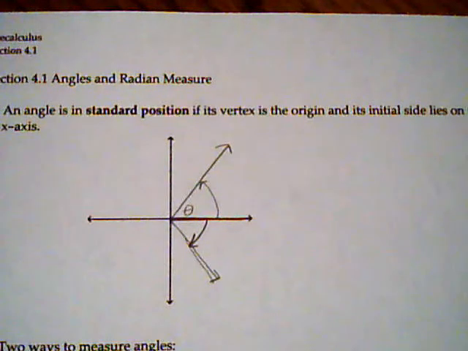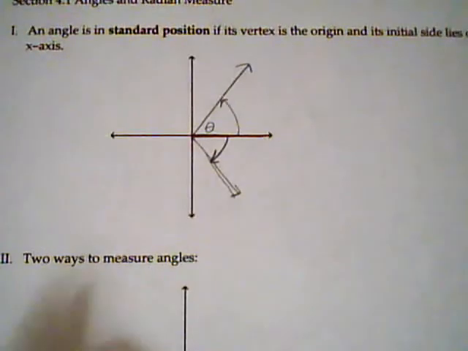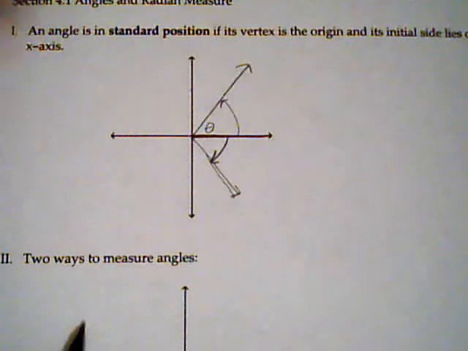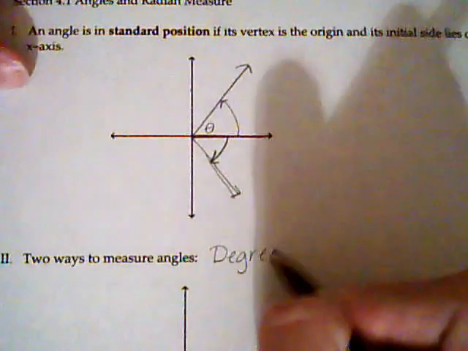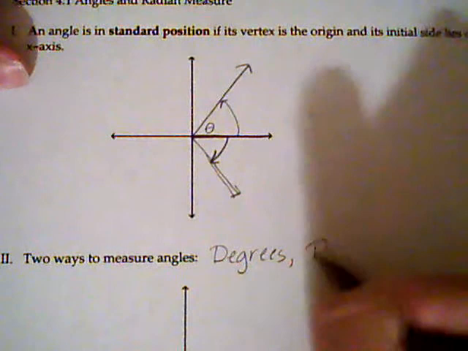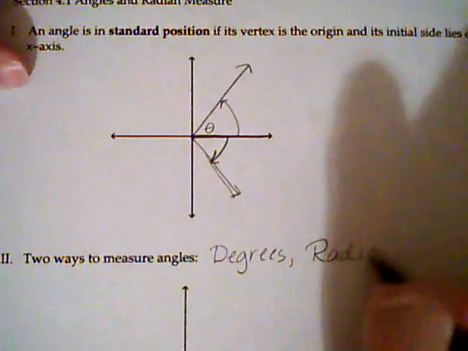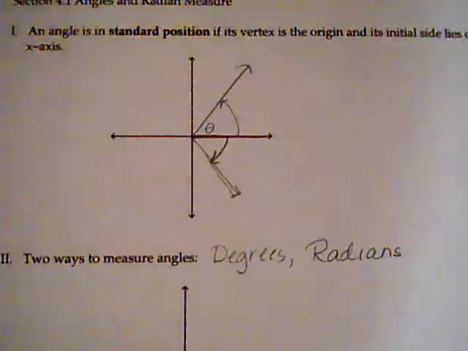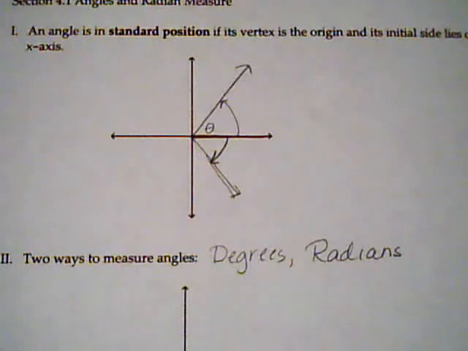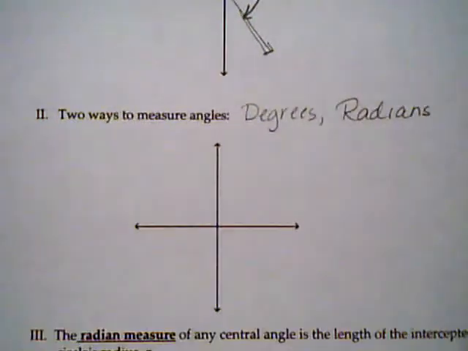Now there's two ways that we can measure angles. Under part 2, we can measure angles in degrees, which is commonly what we're used to, or we can measure angles in radians, which is usually the new part of this section that we're going to talk about. If we're going to measure in degrees, let's look at an axis.